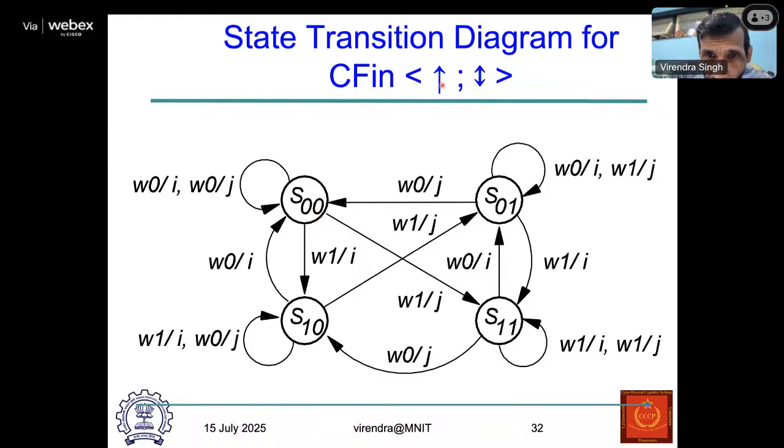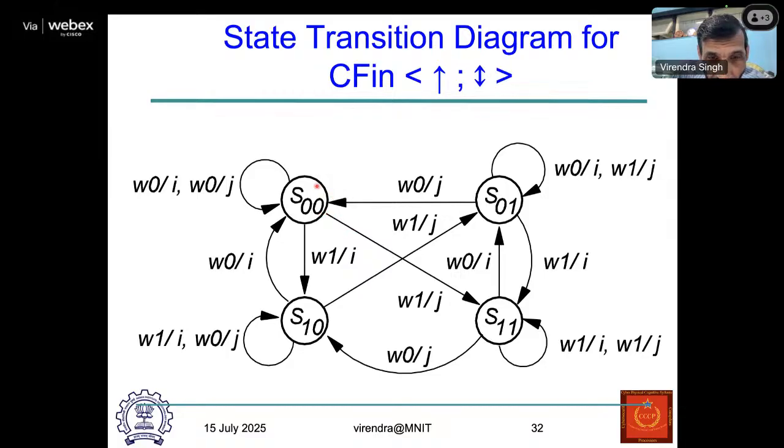So this up arrow says that a rising transition on the jth cell will flip the value in the ith cell. That means the transition must have been from S00 to S01, because the ith cell will remain in state 0, whereas the jth cell should have changed to state 1. However, what happens is that with the transition on the jth cell, there is a transition on the ith cell.